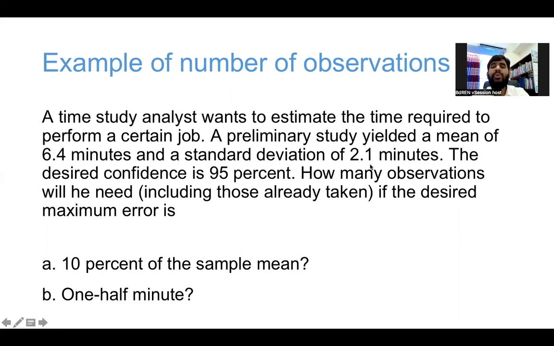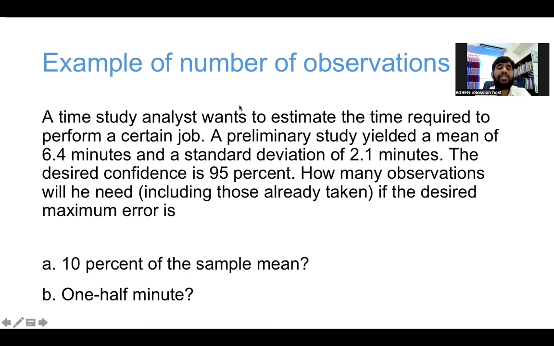The standard deviation is 2.1. So 1.96 will be multiplied by 2.1, and the result will be divided by A X bar. A is 10%, which is 0.1. And X bar is 6.4 minutes. So 6.4 will be multiplied by 0.10, and then you take the whole square.